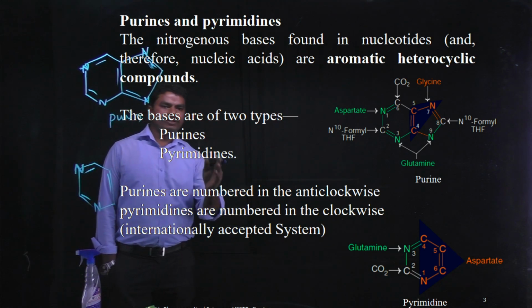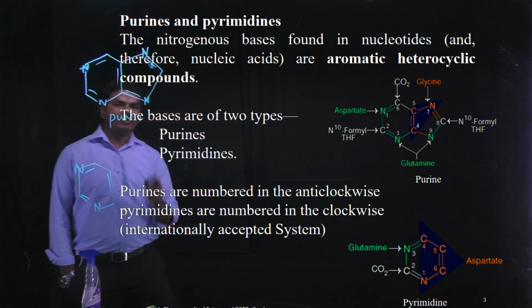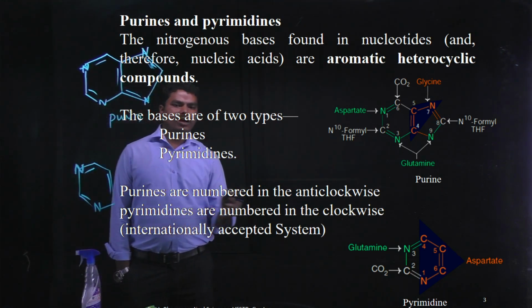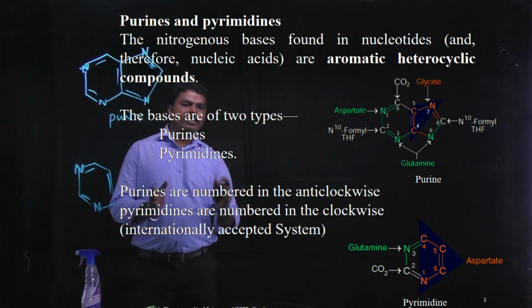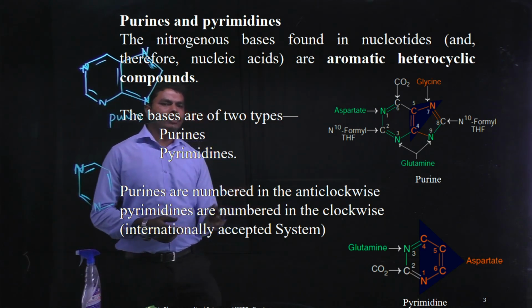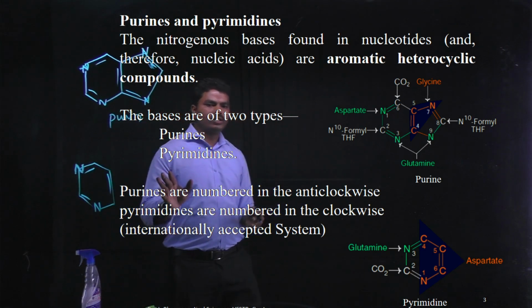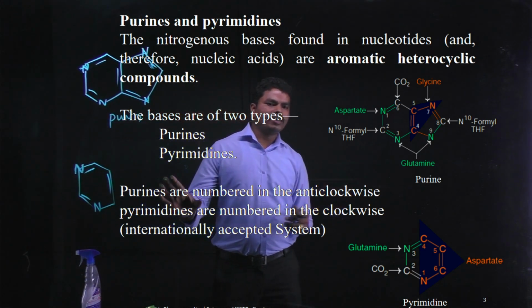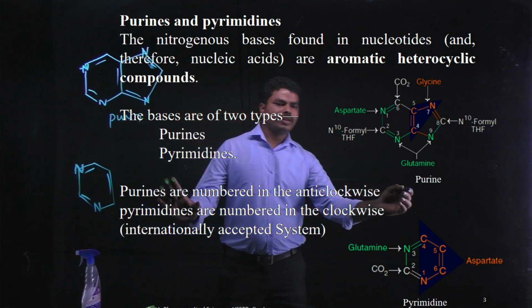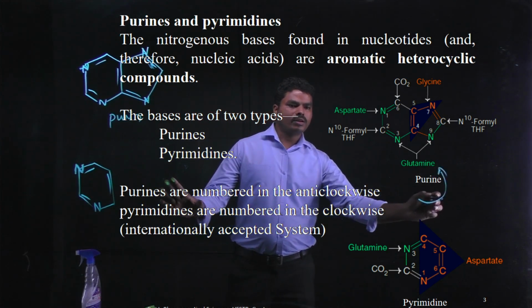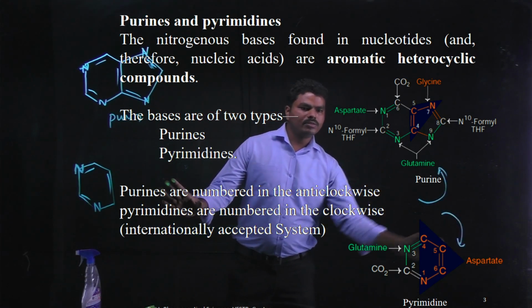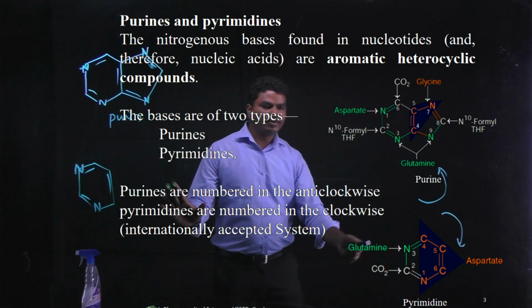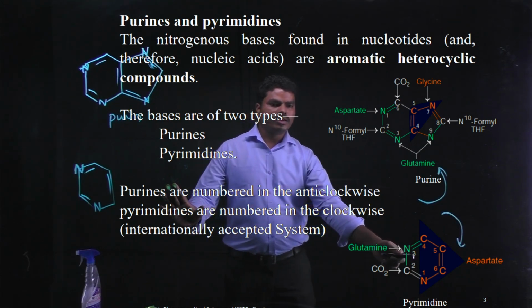Purines are numbered anti-clockwise, and pyrimidines are numbered in the clockwise direction. This is the internationally accepted system for numbering of purines and pyrimidines. Anti-clockwise means like this, clockwise means like this.